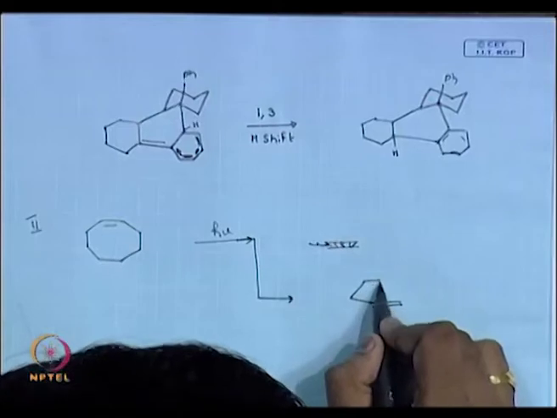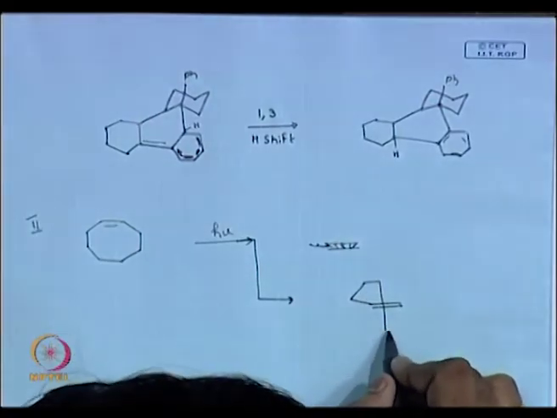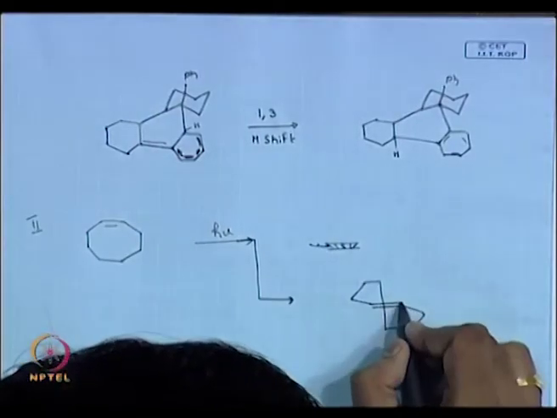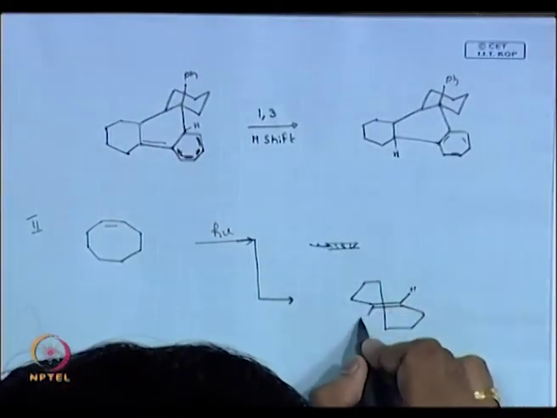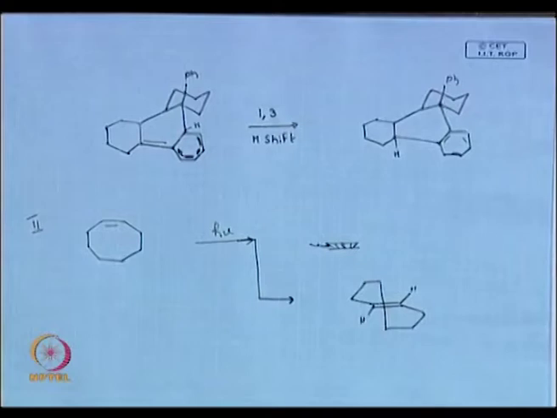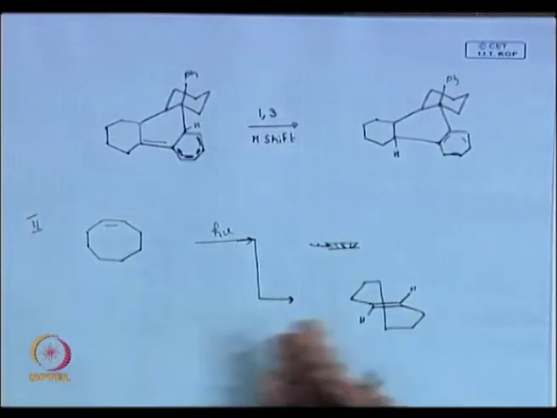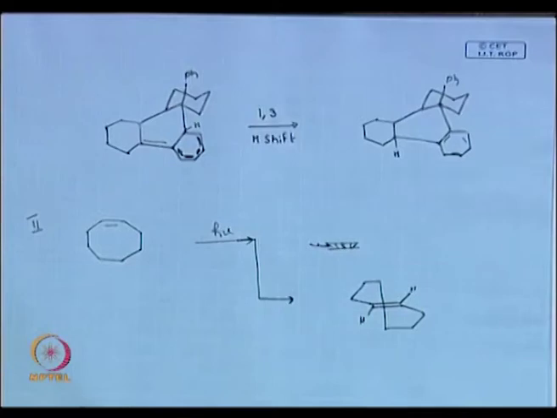You can write this, a good way of writing it, just like your 6 membered ring. I just try to write your 8 membered ring.